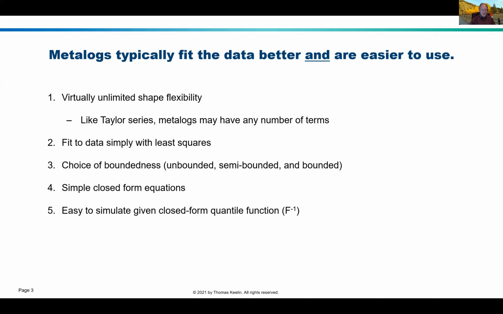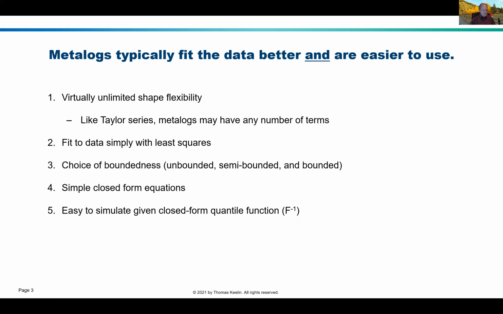The more terms you have, the more shape flexibility there is. Secondly, one can fit to data simply with least squares. This is important because it avoids the nonlinear optimization required to find the parameters of many classical distributions. Here, the fit to data is simply an ordinary least squares calculation.